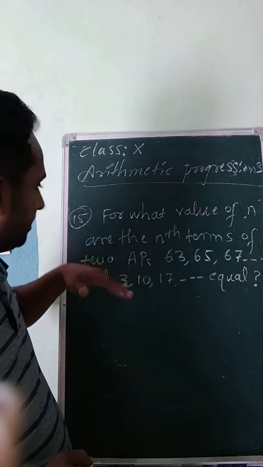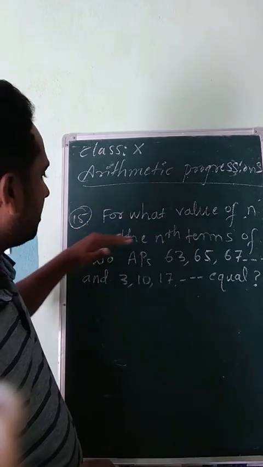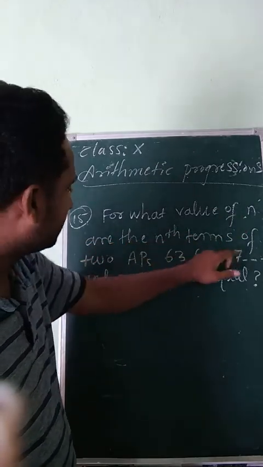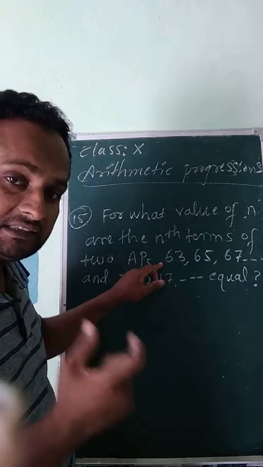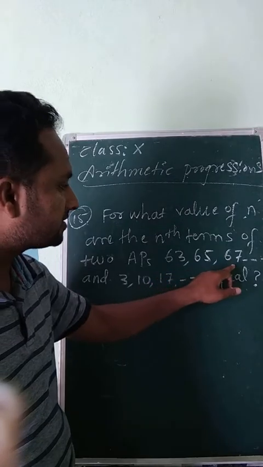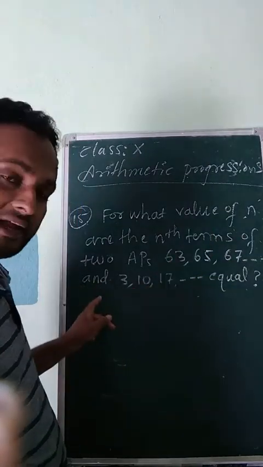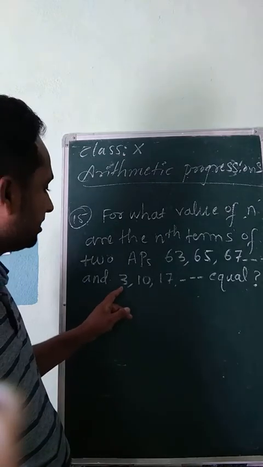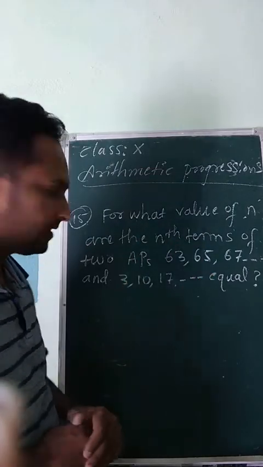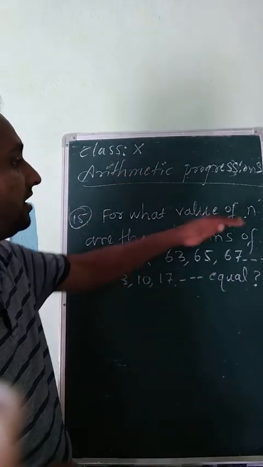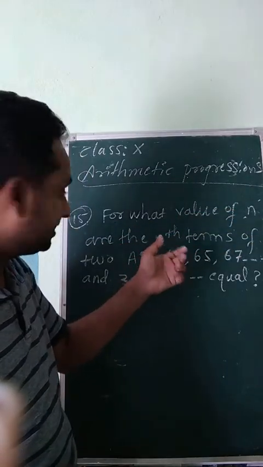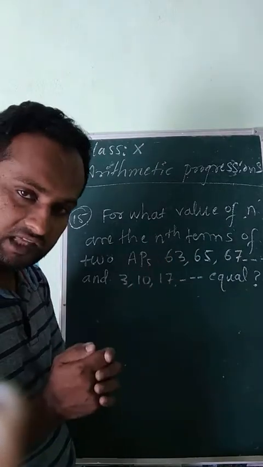See the question carefully. For what value of n are the nth terms of the two APs 63, 65, 67, and so on, and 3, 10, 17, and so on, equal? Which term of these two APs are equal?